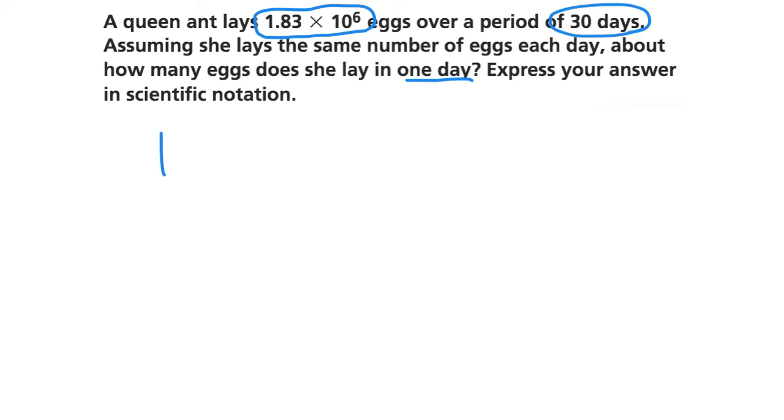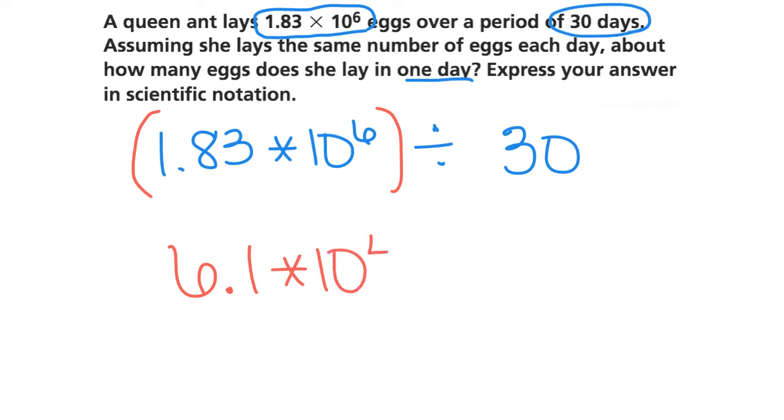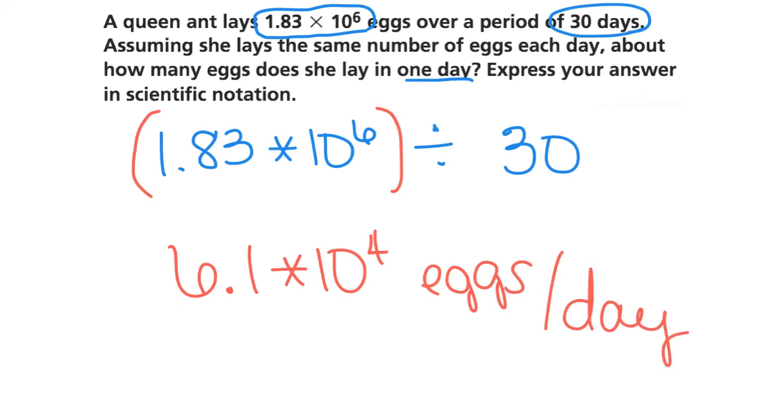We need to take the total number of eggs and divide it by the number of days. Remember, when placing this into your calculator, the 1.83 times 10 to the 6th power needs to be in parentheses. When we do this in our calculator, we find out that the queen ant can lay 6.1 times 10 to the 4th power eggs in one day. That is a lot of ants.